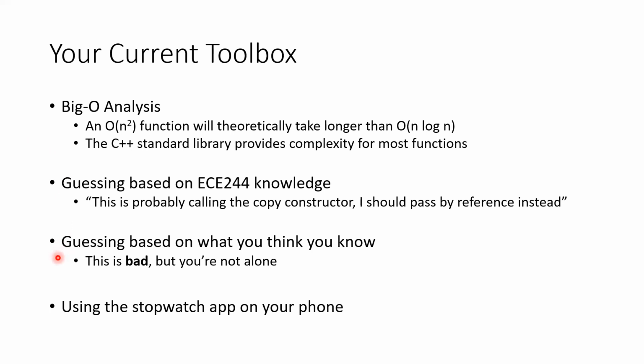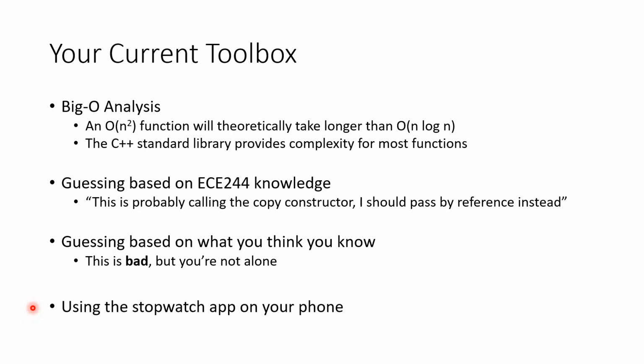Guessing based on what you think you know is bad, but people usually do it. You can also output messages in certain functions that are being called again and again, and you can use the stopwatch to time it.